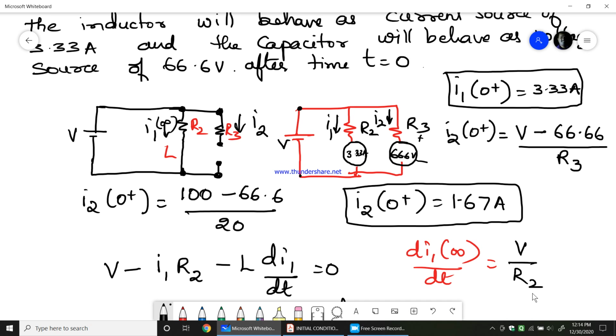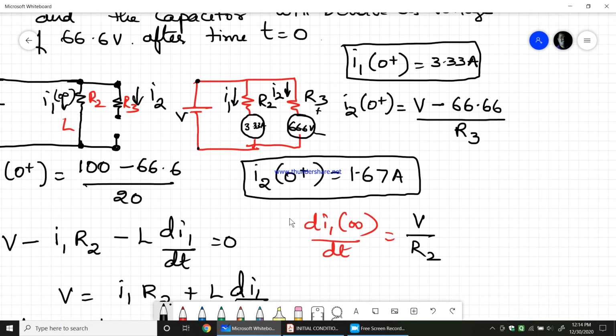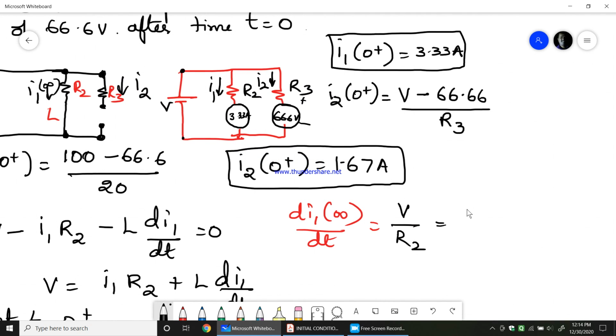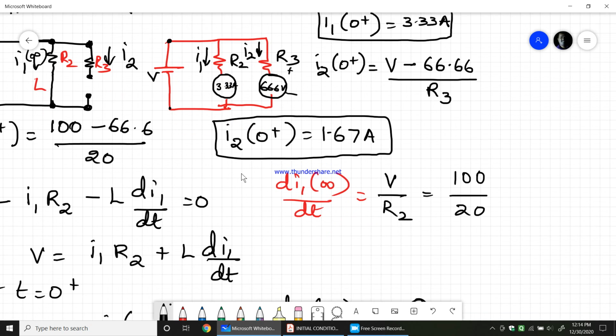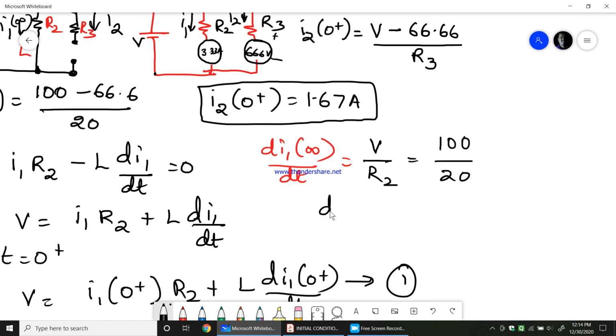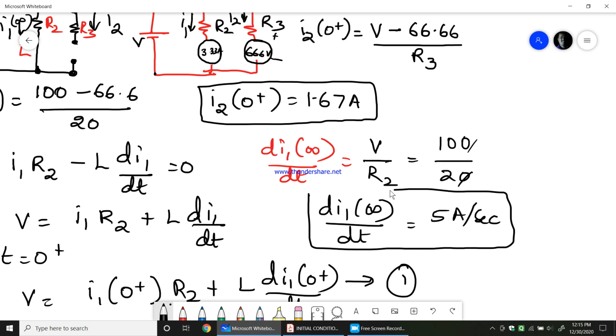So dI1 of infinity by dt will be equal to 100 by 20, which is 5 amps per second.